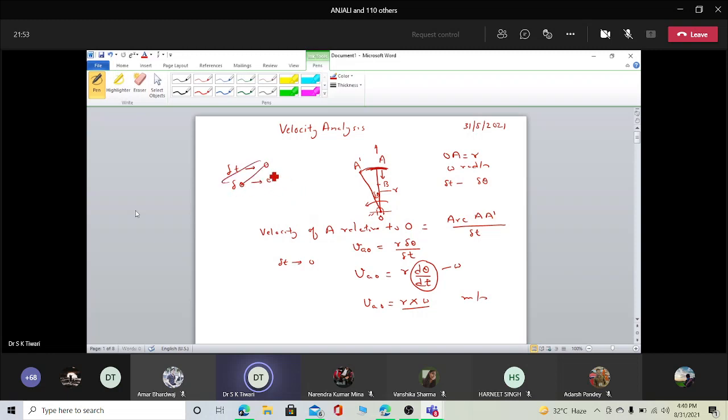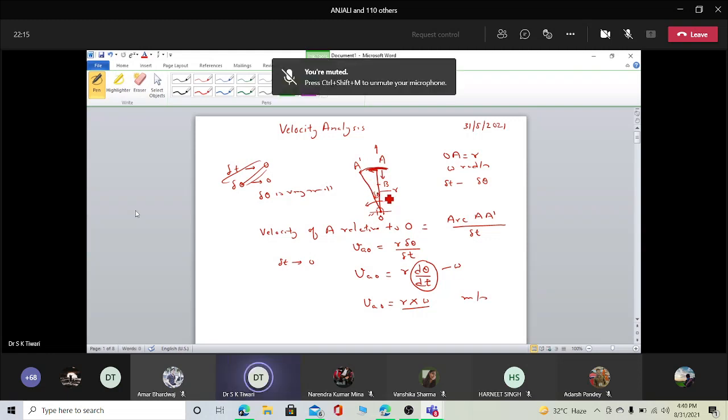Or in other words, when delta theta is very small, what will be the direction of velocity vector? It will be almost perpendicular to the link OA at point A. Isn't it? Yes, sir.